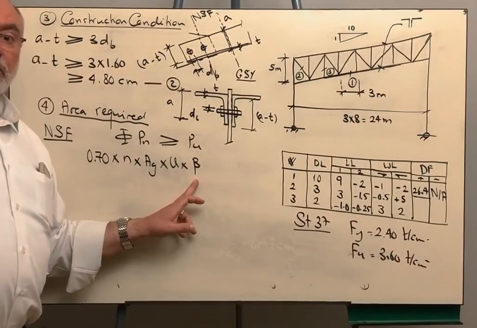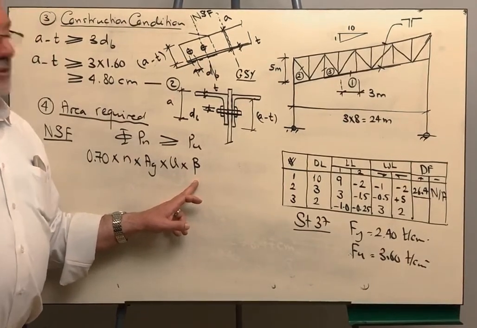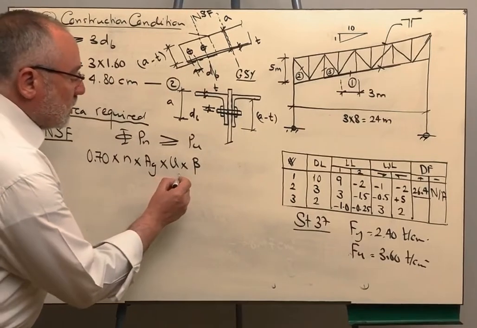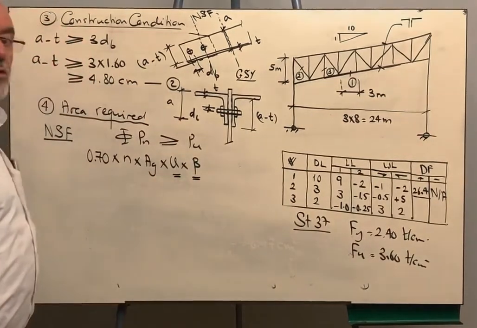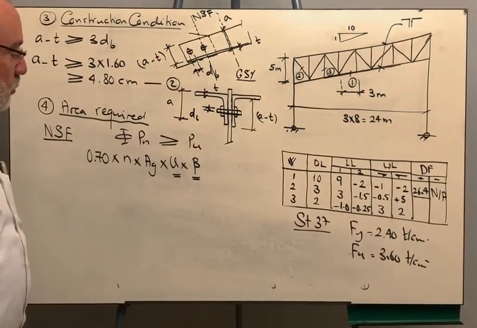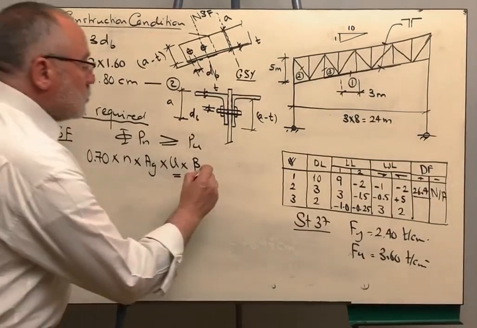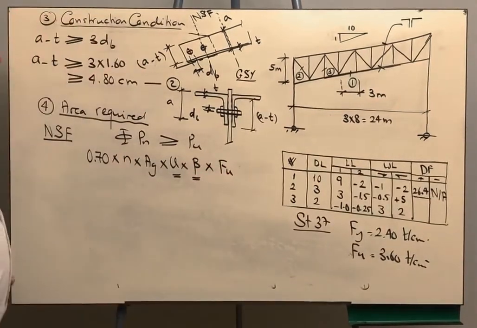And beta is 0.85 if the members are bolted, and 1 if they are welded. So this takes care of the shear lag, and this factor accounts for the net section or the gross section of the angle to support the force. Of course, we have to multiply by F ultimate, which is the accepted stress in this limit state.